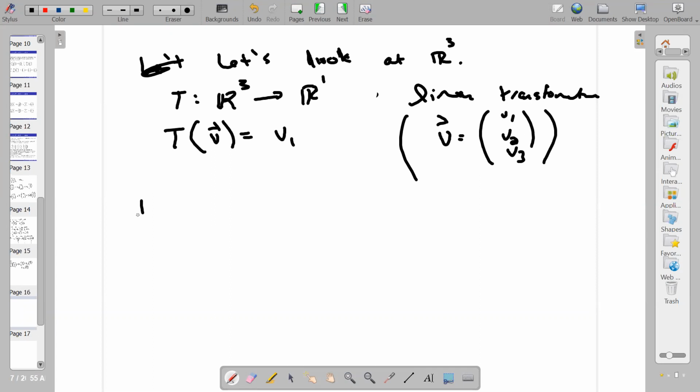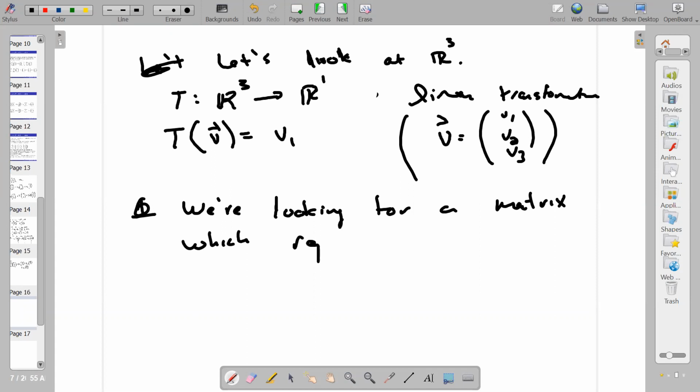So if we're looking for a matrix which represents T, if T goes from R3 to R1, what dimensions would we need if we want a matrix A which does the same thing as T?